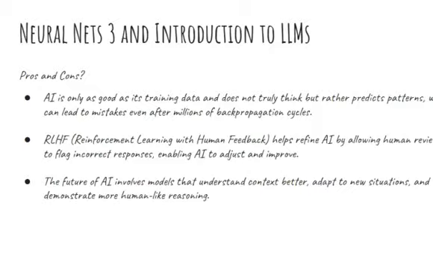So to fix this, AI goes through another stage called reinforcement learning with human feedback, RLHF, where human reviewers flag bad responses and then the AI adjusts based on that feedback.